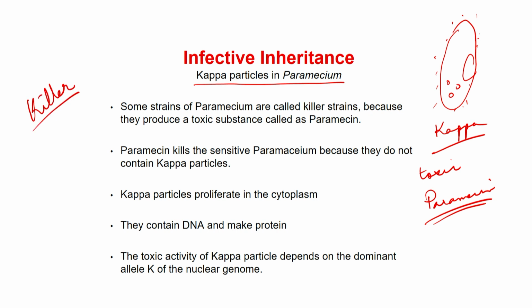That means they secrete the toxins and it kills the sensitive strain, which does not have paramecin. So, you have killer strains and you have sensitive strains. Killer strains because they have kappa particles, sensitive strains because they do not have kappa particles.